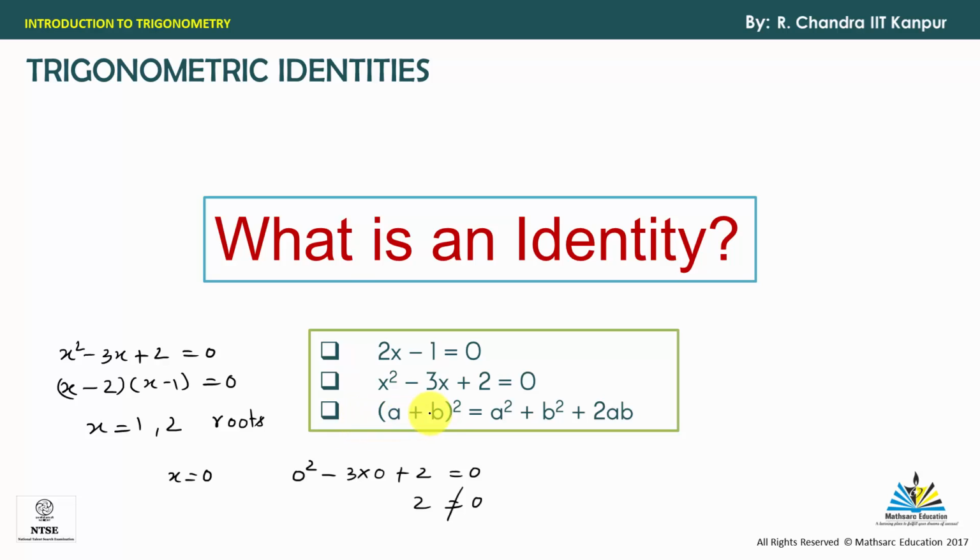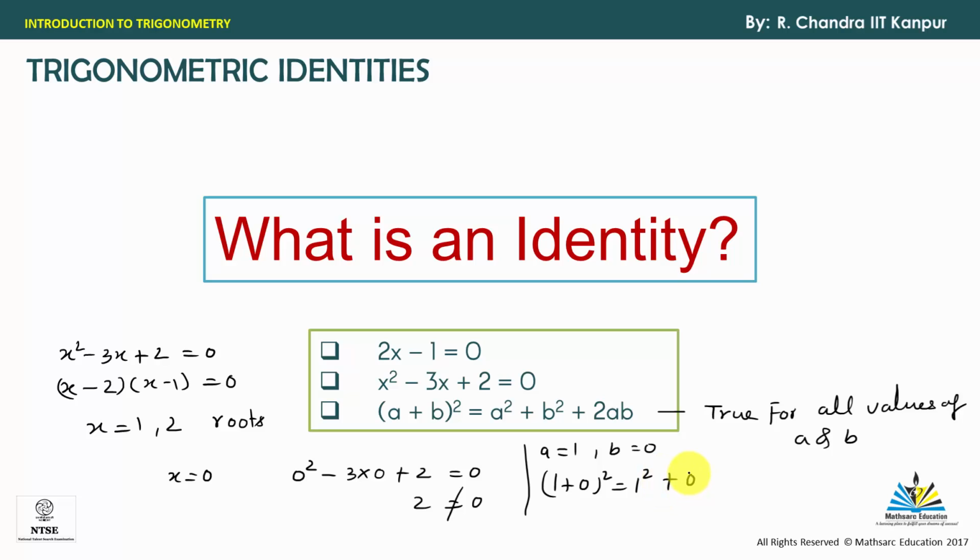Now in the third case, you can observe one thing, that this is true for all values of a and b. If we take a as 1 and b as 0, then we will have 1 plus 0 square is equal to 1 square plus 0 square plus 2 into 1 into 0.